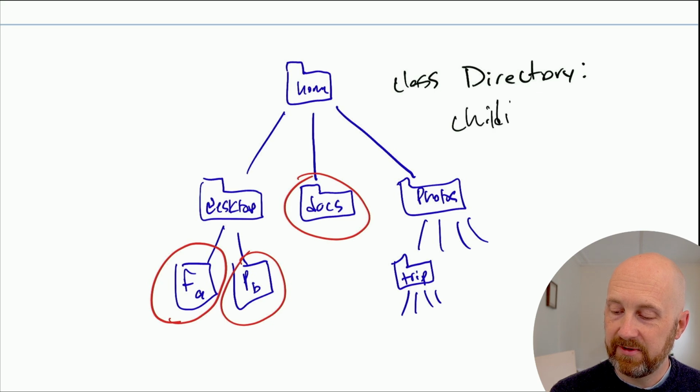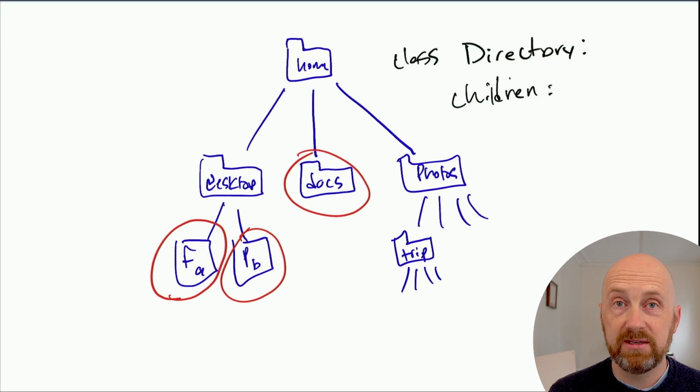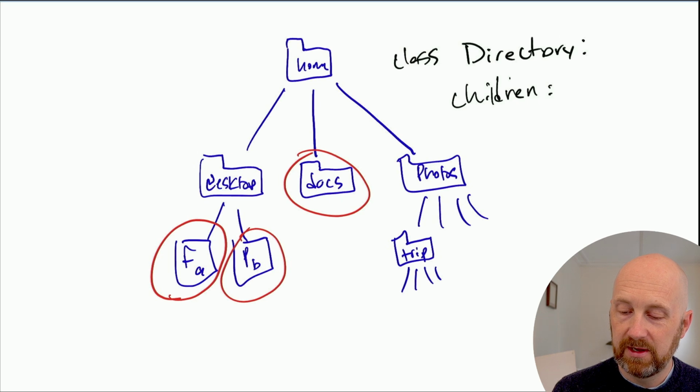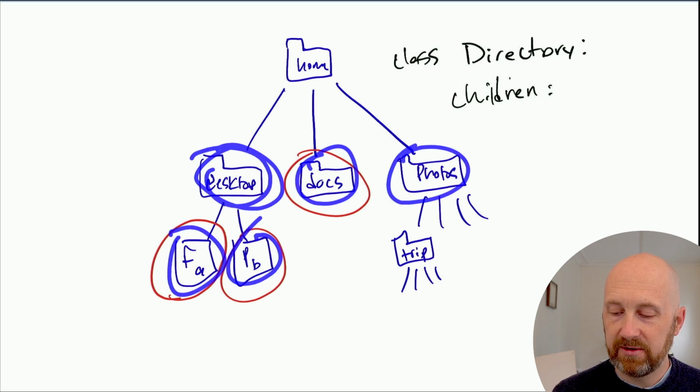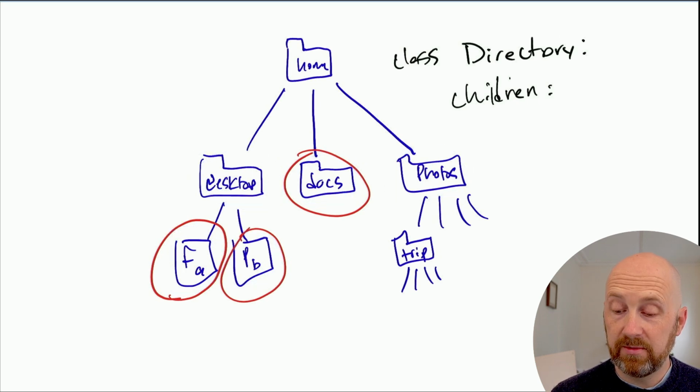And this is sort of a funny notation in programming, but in trees, it's often that we'll call the nodes which come after another node children. So if we imagine home as a parent node, then its children are these three. And then desktop, its children would be these two values, and so on. So the way that we would be able to represent this is children would be, say, a list of directory.